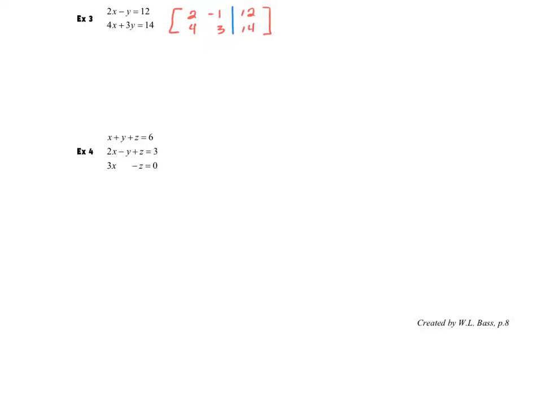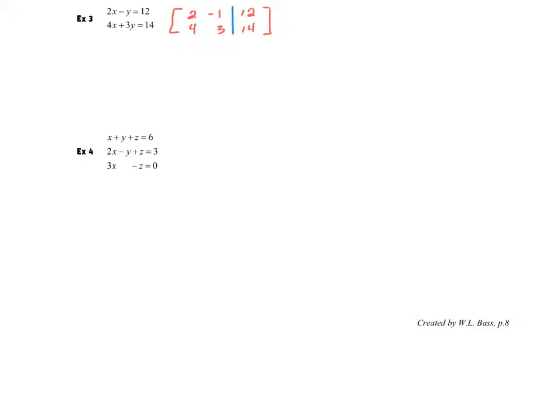I don't typically draw it in, but some people really prefer to see that all along. I'll come back to that idea as we get closer to the end. So what we're going to do is start to do our row operations, and as I work through these two videos, I want you to focus more on how I'm doing the row operations, not necessarily how I'm deciding what row operations to do.